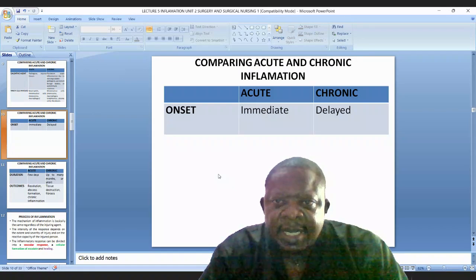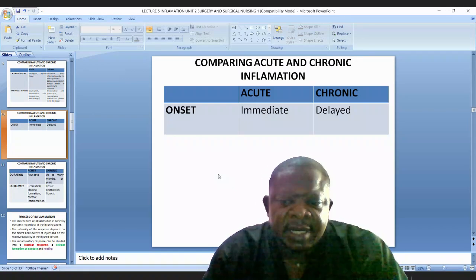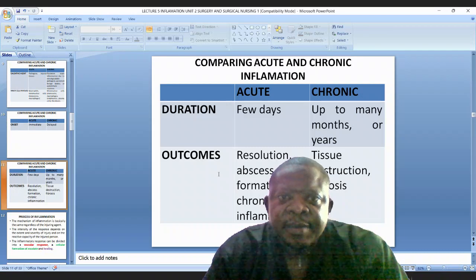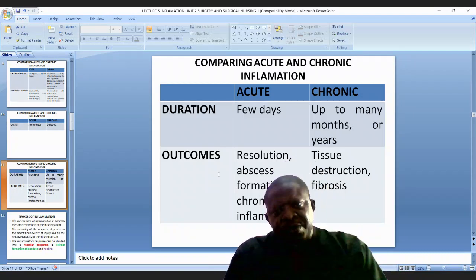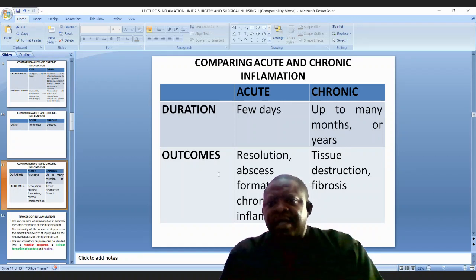Then, in terms of onset as a characteristic, in acute, onset is immediate. In chronic, onset is delayed. Then in terms of duration, acute is only for a few days, 3 days, 4 days, less than 2 weeks, you have inflammation. Whilst chronic is up to many months or years.